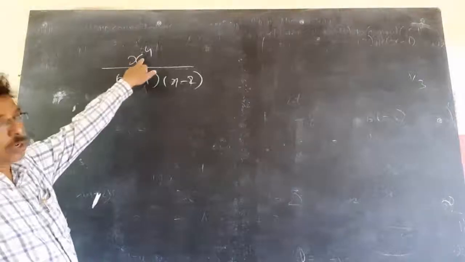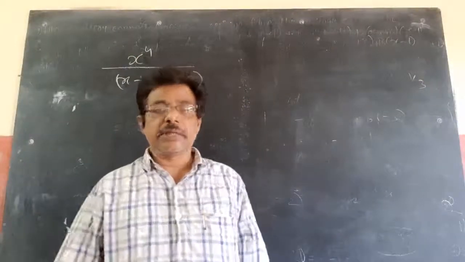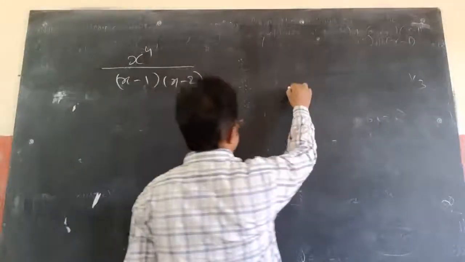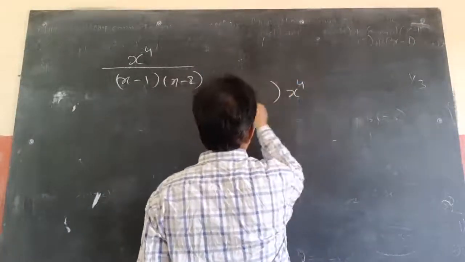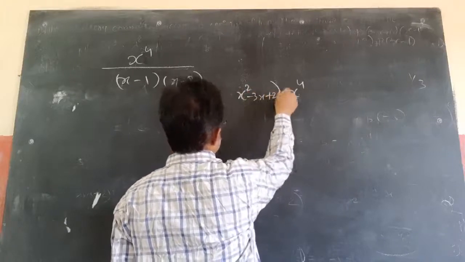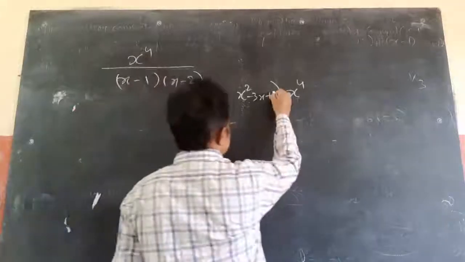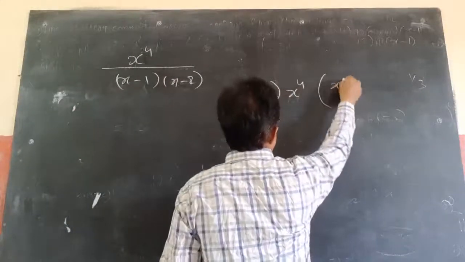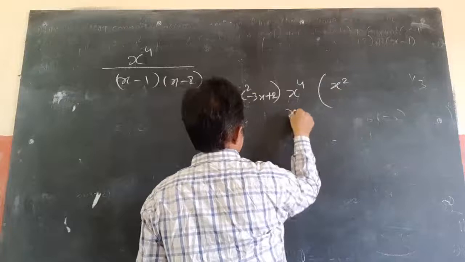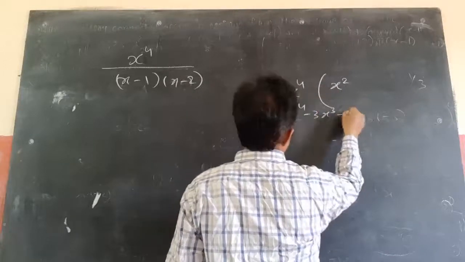Numerator degree is 4, denominator degree is 2. So go for ordinary division. So divide x power 4 with x square minus 3x plus 2. So if I multiply with x square, x power 4 minus 3x cube plus 2x square.